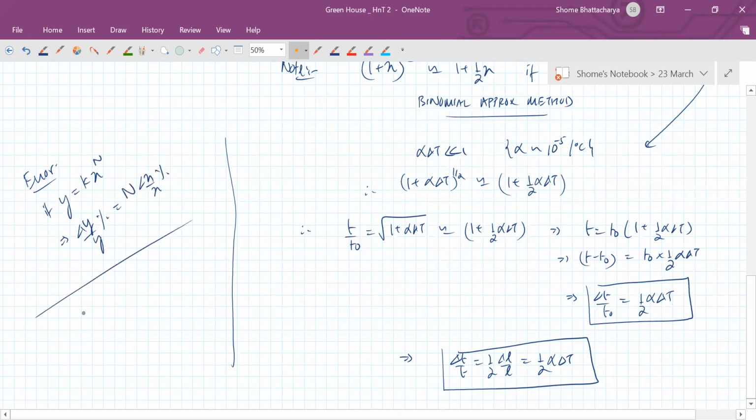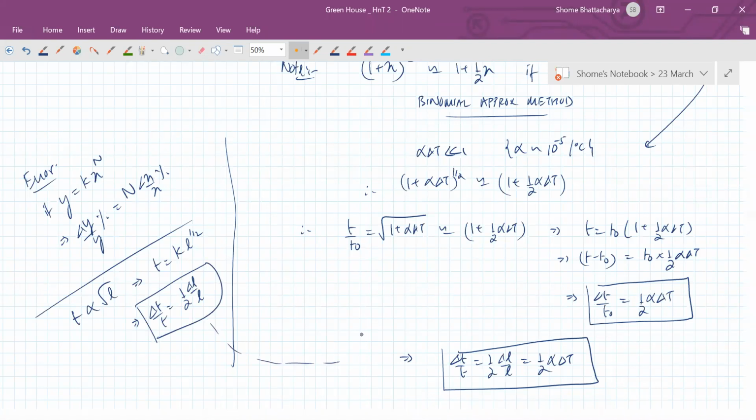Okay, so like that, time period is proportional to square root of L. So that means time period is some constant into L to the power half. So fractional change in time period will be half of fractional change in length. So this is an easy way to remember this concept. It doesn't matter whether we write it as T naught or T. This is the general expression.